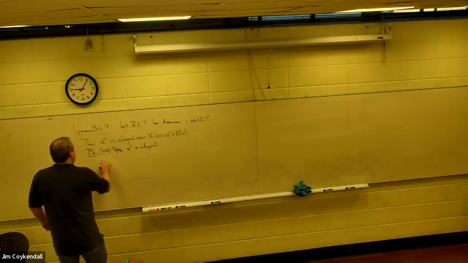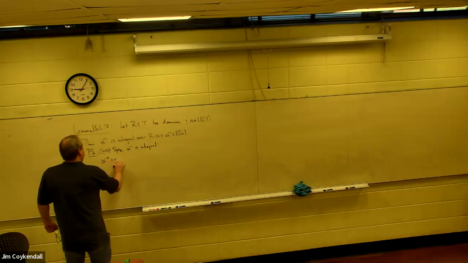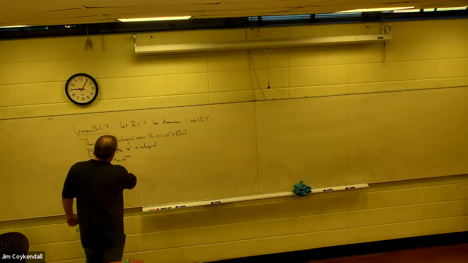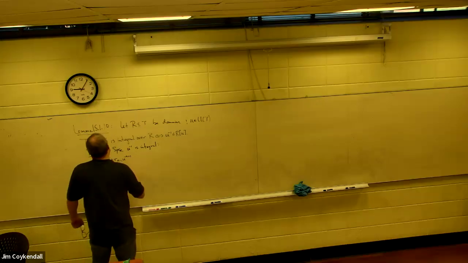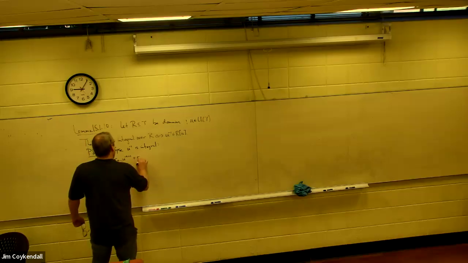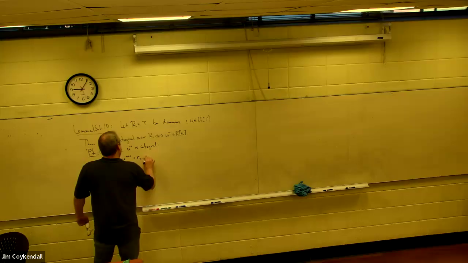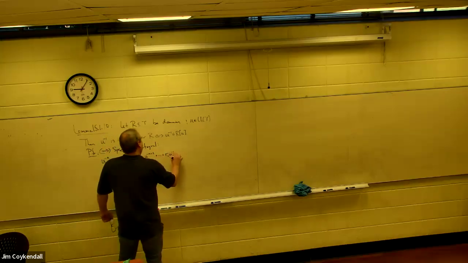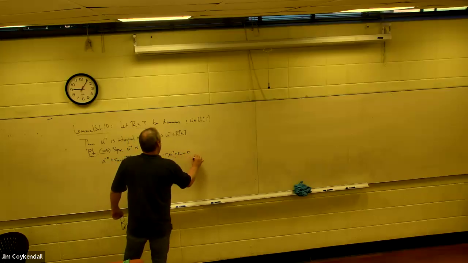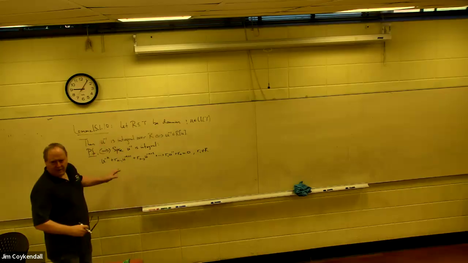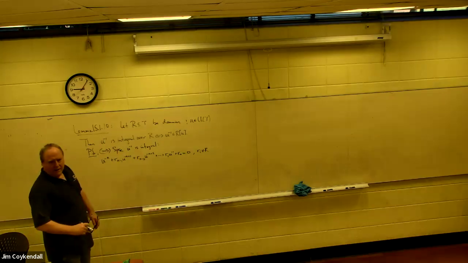So this means that U to the minus N plus R_{N-1} U to the minus N plus 1, plus R_{N-2} U to the minus N plus 2, plus ... plus R_1 U inverse plus R_0 equals 0. Here the R's are in R. So this is just the equation of integrality.